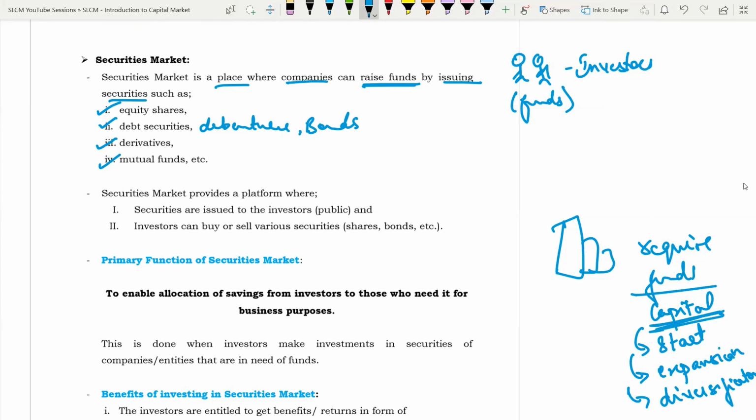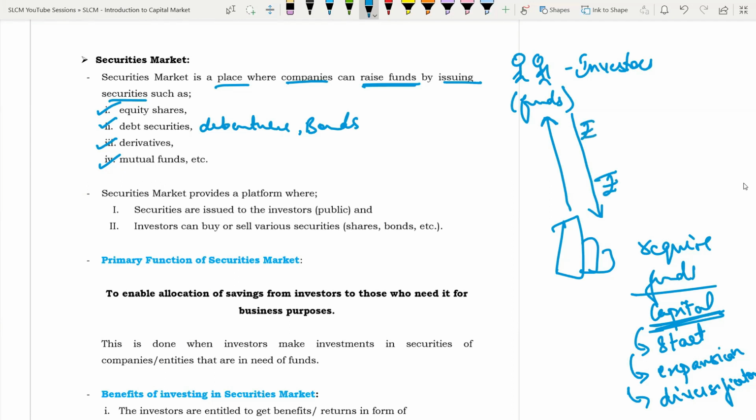And when it requires capital, it is going to go to whom? To the investors. It is going to ask them that you please give us money. We will give you a percentage of our company as equity shares, or we will give you debentures for which we are going to give you the interest. So they're going to ask money to the investors, and the investors are going to pay the money.